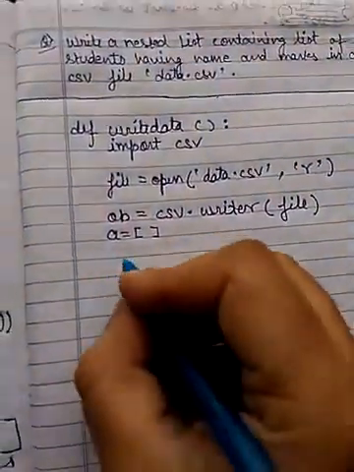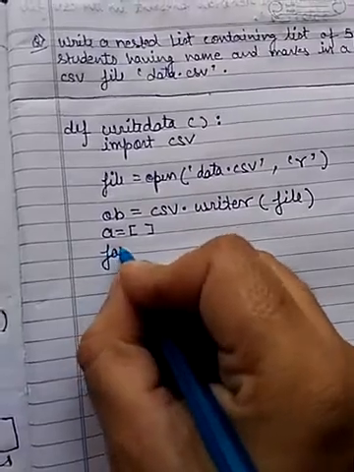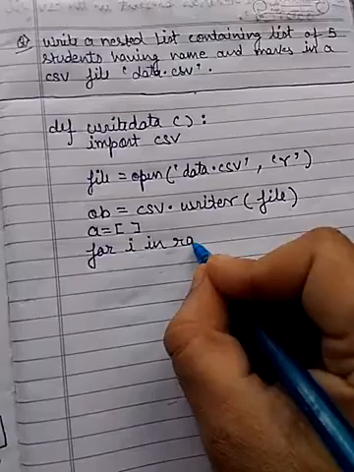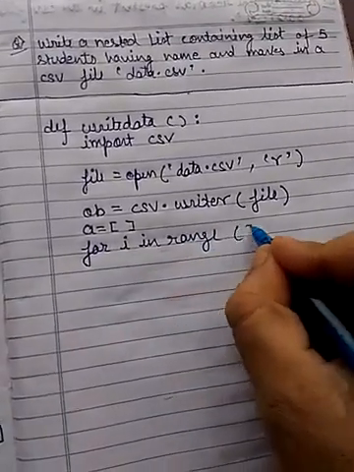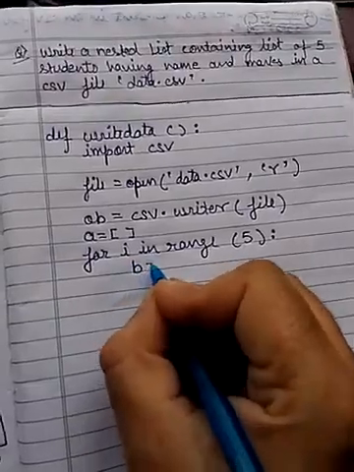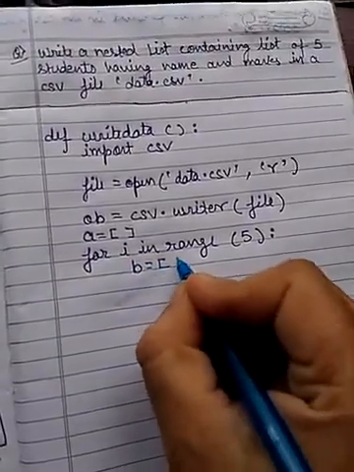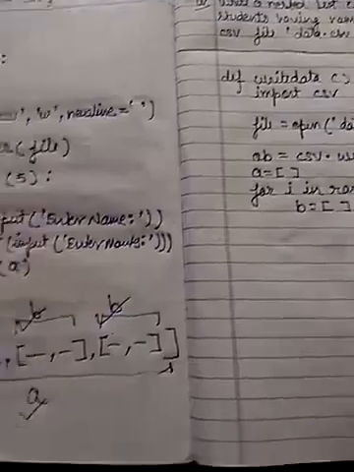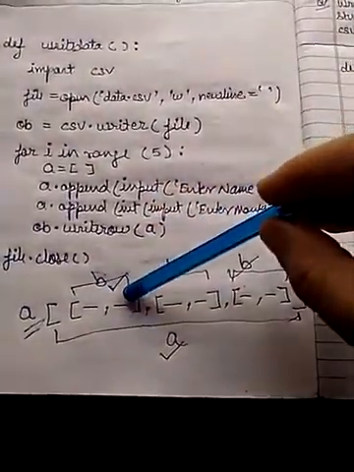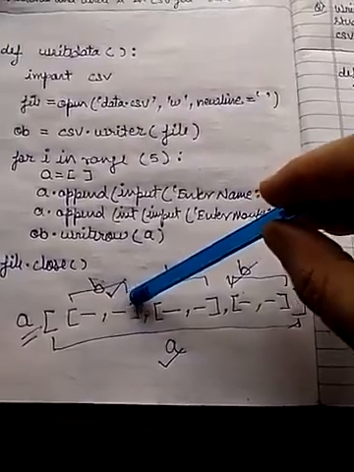It is the outer list. Now I have to read 5 records, for i in range 5, and here I have to create another list. Means here we want two lists, one outer list and second one is inner list.